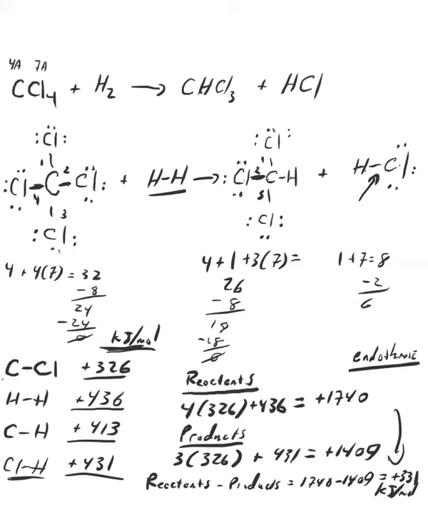So what that means is that overall, in order to get this reaction to go, you'd have to put in at least 331 kilojoules of energy. It's endothermic. You got to put energy in to make this reaction go. Okay. The ones that are exothermic, you don't have to put in energy. They do it all by themselves.